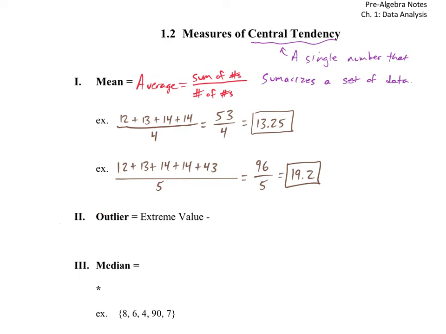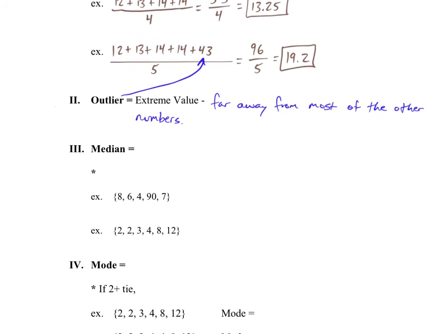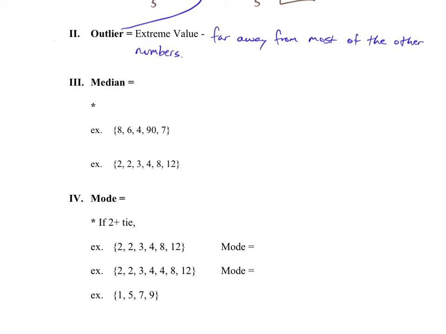An outlier, the 43, is an extreme value, and by that we mean it's far away from most of the other numbers. If you have an outlier, that definitely makes an impact on the mean.